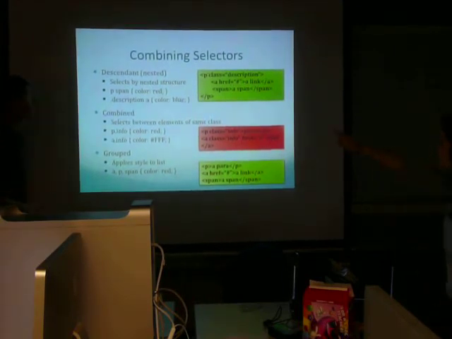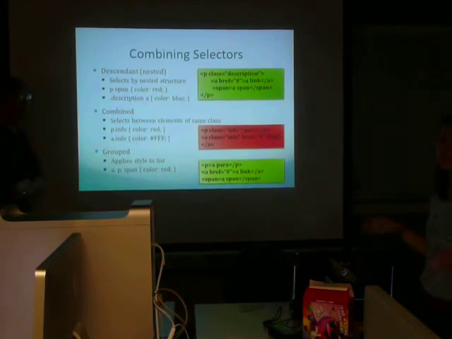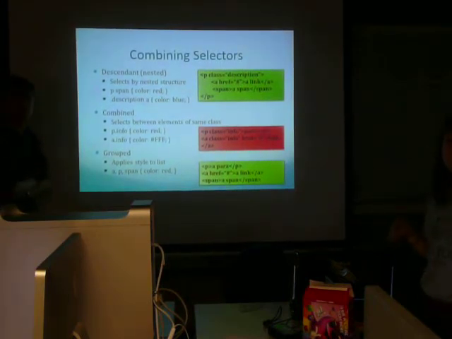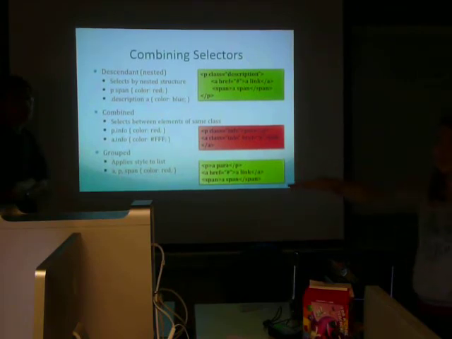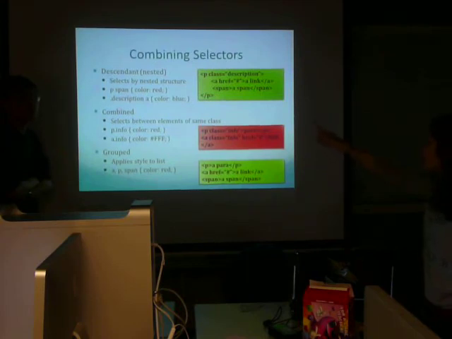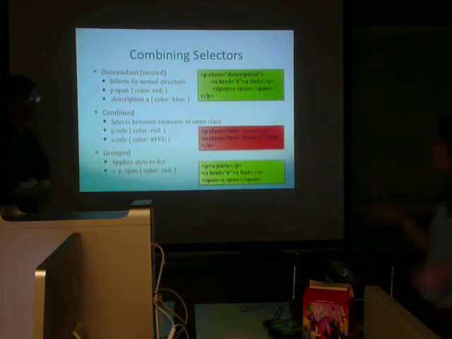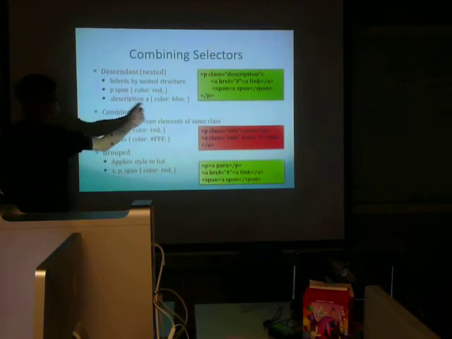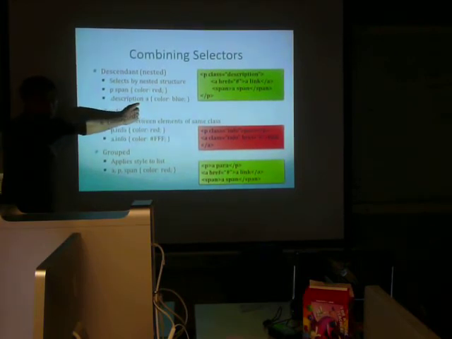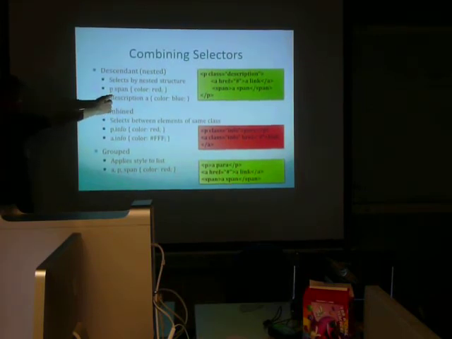Because it's a space, it means any descendant, even if it's multiple levels down. If you want only the first level of descendants, the direct children, you would use a greater than sign instead of a space. So this selects all the A elements that are inside something of class description, and this selects all span elements that are inside a P element.